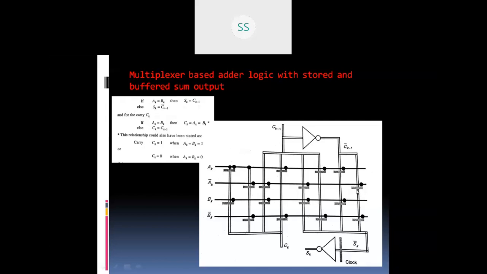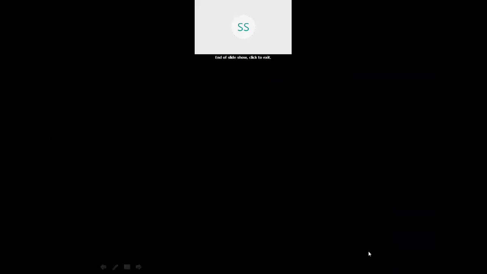Whenever these two transistors are on, it is connected to the C bar K minus 1 line. That is this line. Now this line will be connected to the inverter.